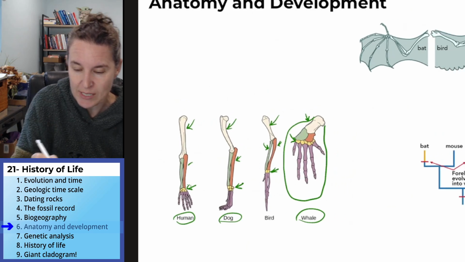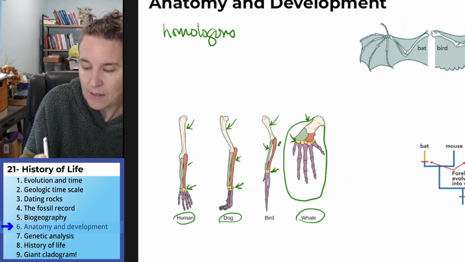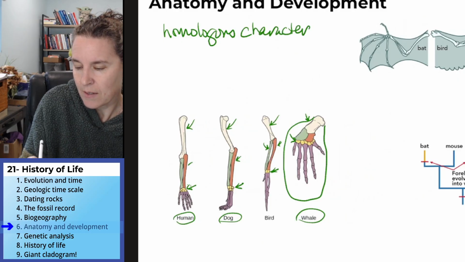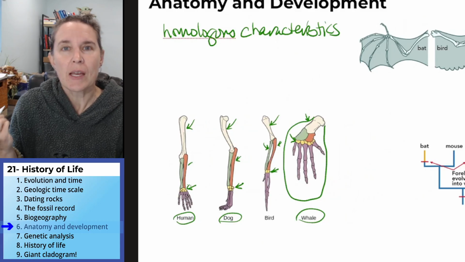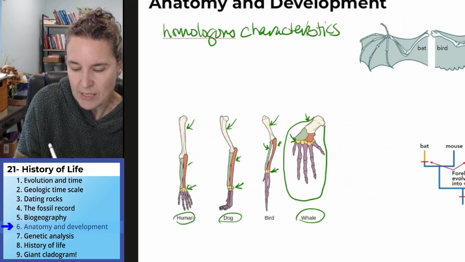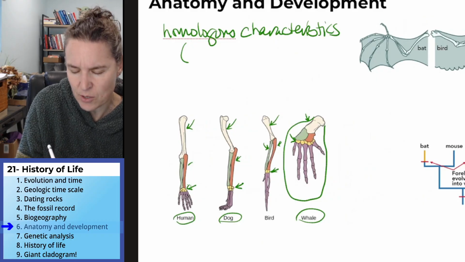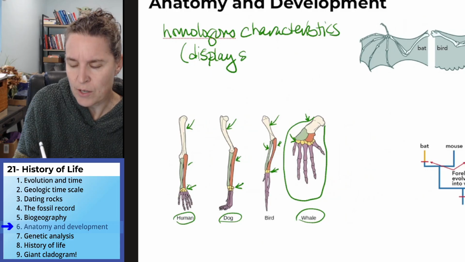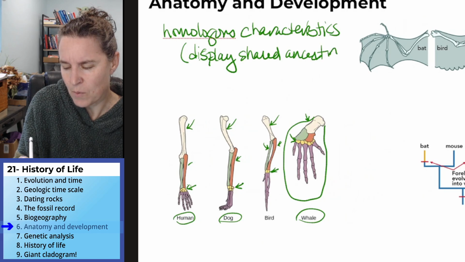These characteristics are homologous characteristics. Did I spell that right? Character, it is with a CH. Homologous characteristics, how do I say this?